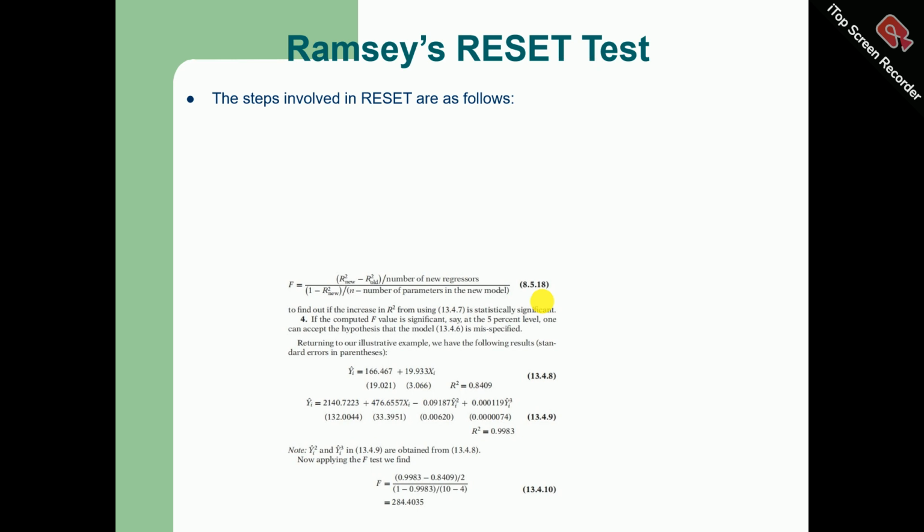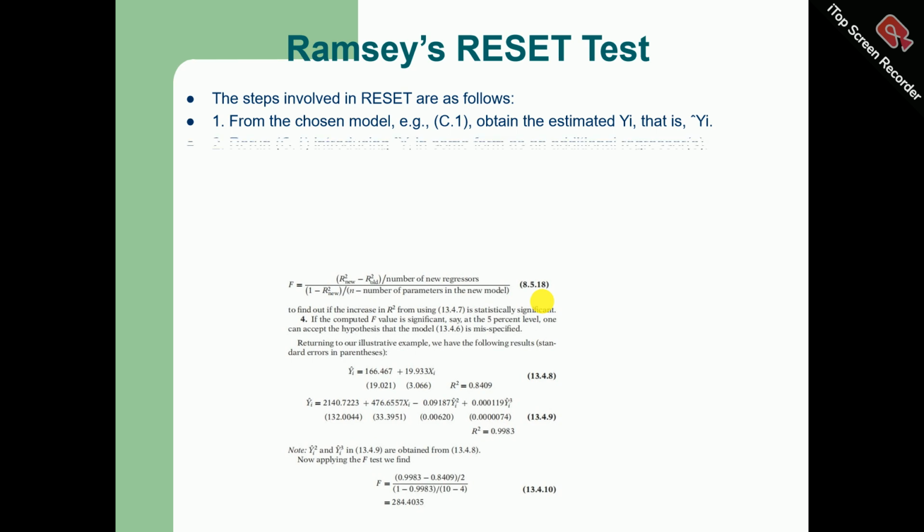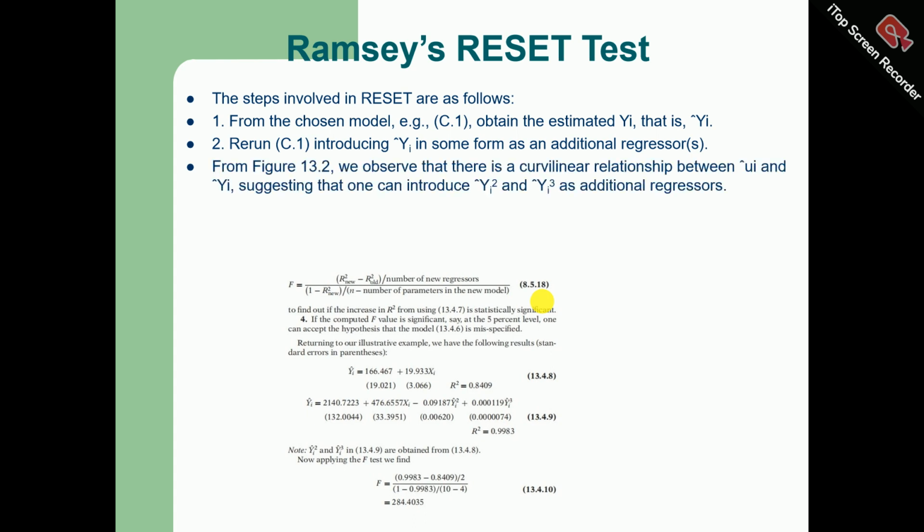And here are the steps involved in the Ramsey RESET test, which are as follows. From the chosen model, obtain the estimated yi, that is yi hat, then rerun the regression, introducing yi hat in some form as additional regressors.